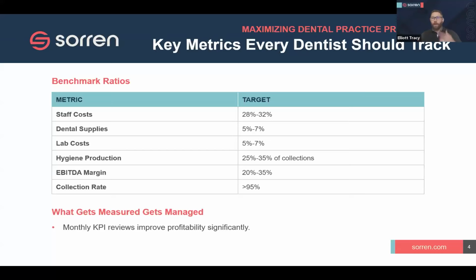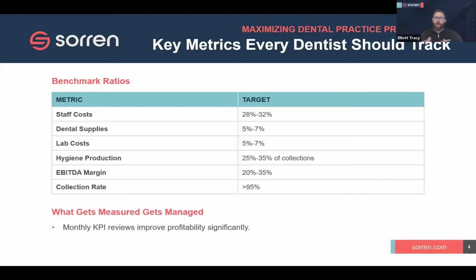And a lot of this does depend on specialty. These figures right now are very much from a general office perspective, but some of these ratios get tweaked depending on the specialty. I could have mentioned that right out of the gate, this is more for a general practice than an oral surgery office, right?